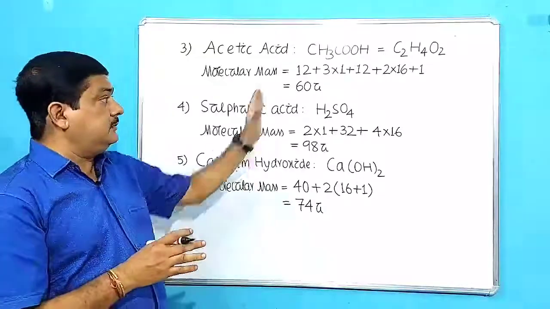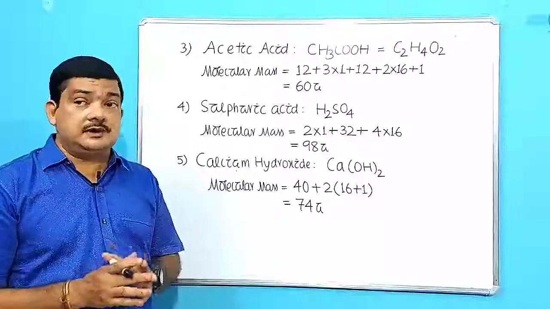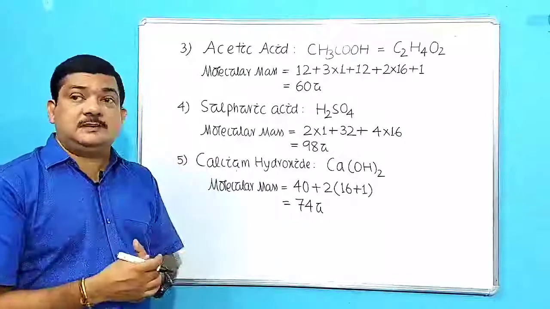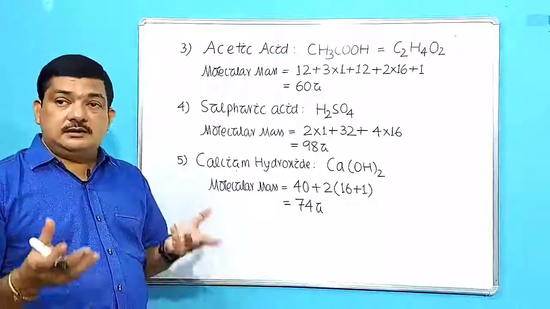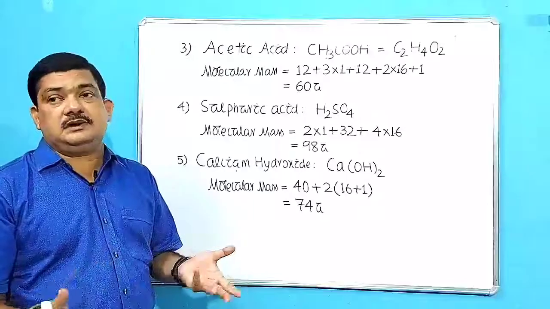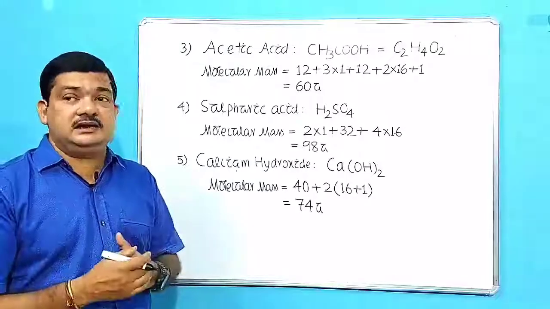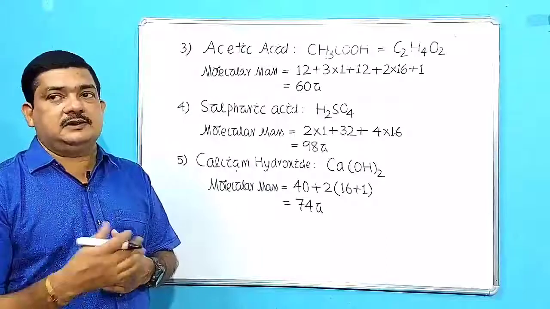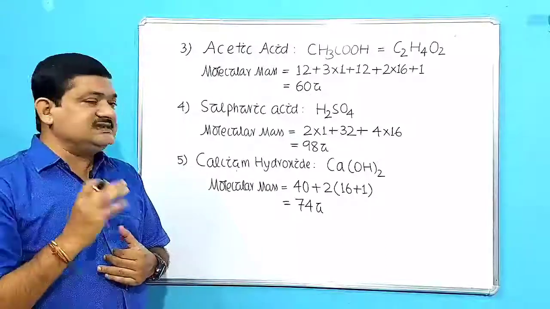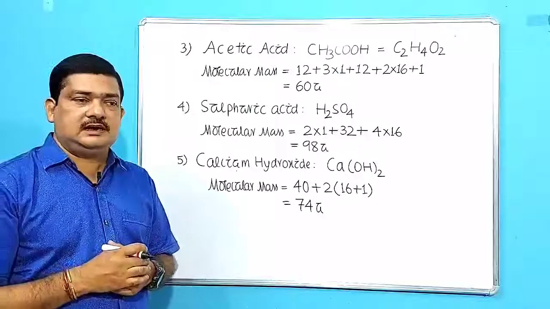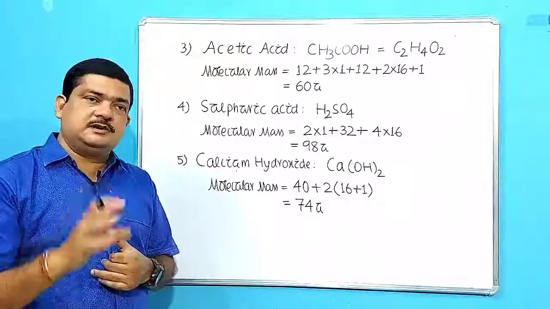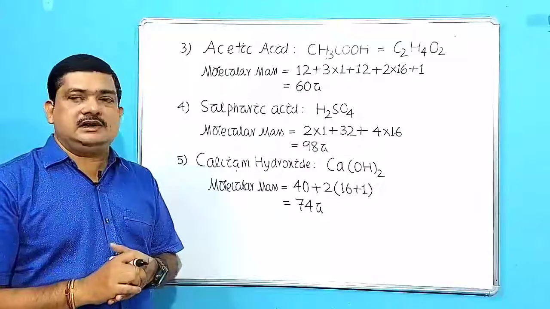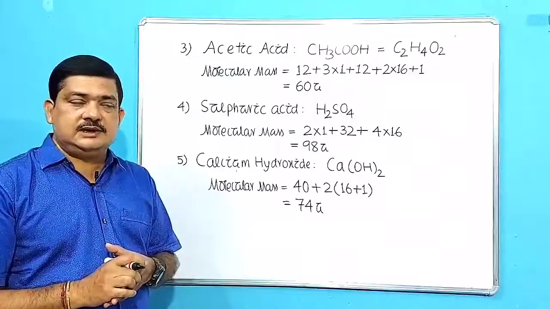As I told you, if you don't remember atomic mass you cannot calculate molecular mass. Then next we will discuss equivalent mass. If you don't know how to calculate molecular mass you cannot calculate equivalent mass; they are interrelated. So once you miss these things, you cannot calculate the further ones. Okay? So wherever madam gives you an assignment to write a formula, make it a habit, write the formula correctly, then calculate its molecular mass. Okay, students?